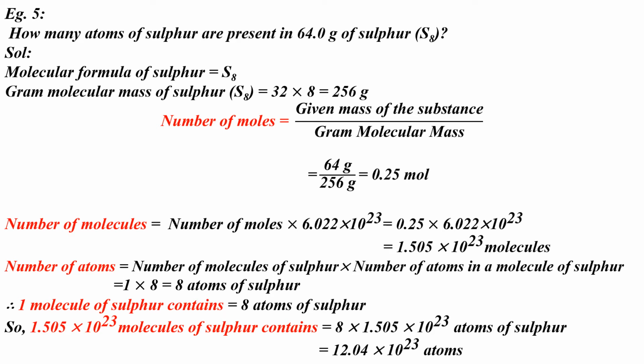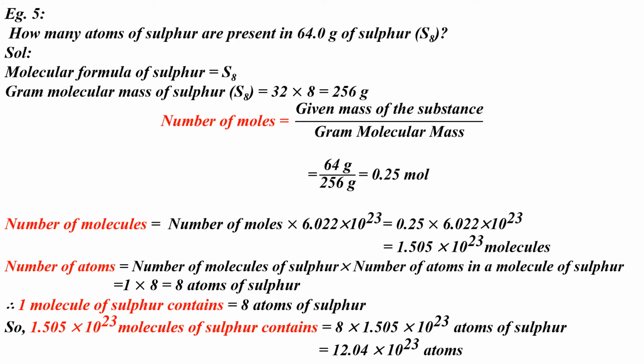Now, in the next step, let's find the number of moles of S8 present in 64 grams of sulfur. For this, we use the formula: number of moles equals given mass of the substance divided by gram molecular mass. What's the given mass? It is 64 grams. Substituting that in the numerator, divided by 256 grams, gives you 0.25 mole. So these many moles are present in 64 grams of S8.